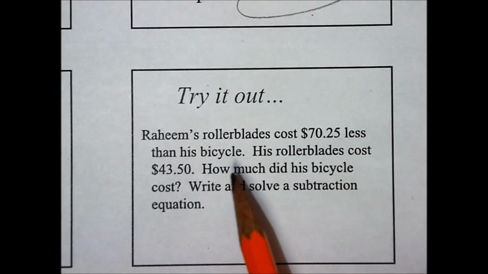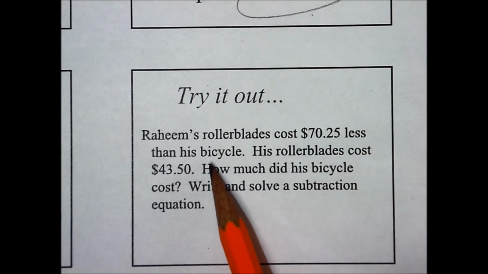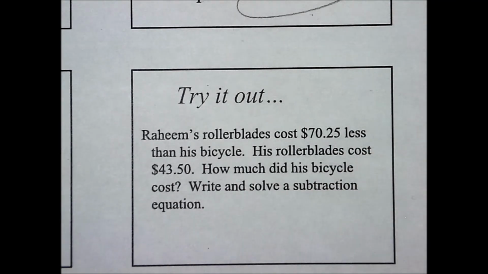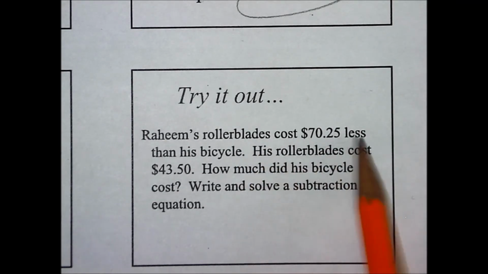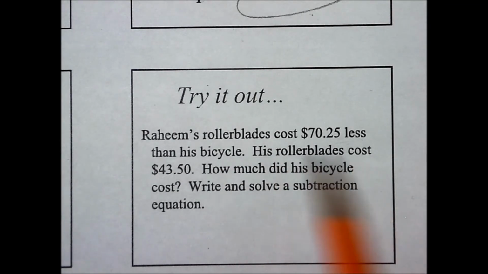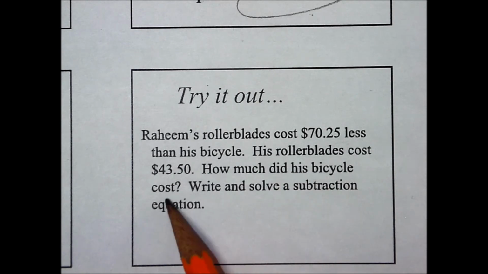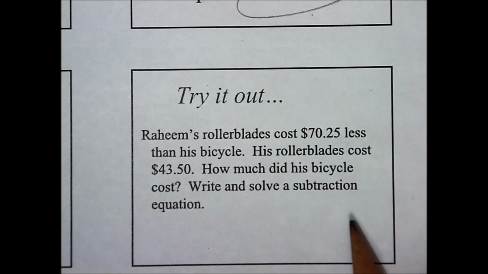So these rollerblades cost $70.25 less than the bicycle. So first I need to think of which one was more. So if the rollerblades cost less and the bicycle costs more, it tells us how much the rollerblades actually cost, but we want to know what the bicycle cost was. So we're going to write and solve a subtraction equation.